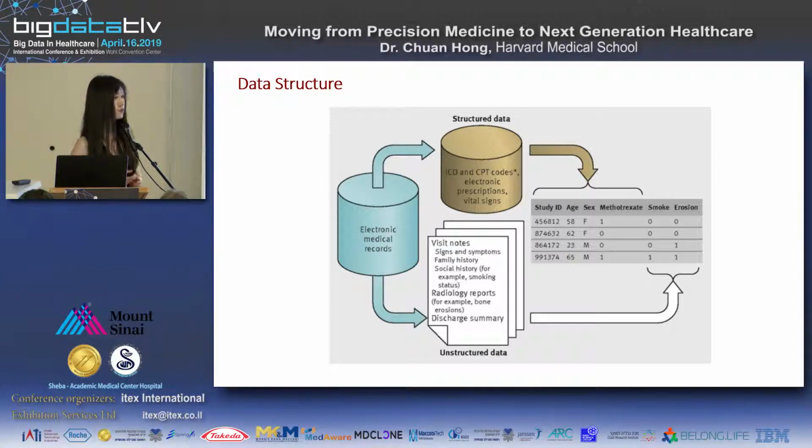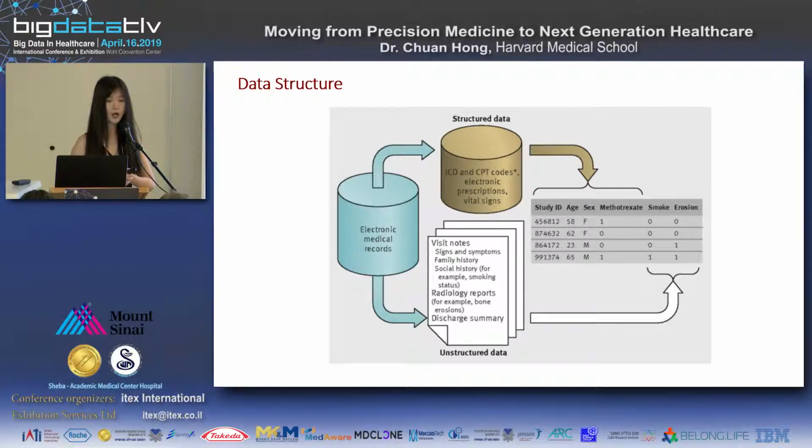For EMR phenotyping, there are two key elements. One is the patient's label annotated by doctors, and the other is features. Let me first briefly introduce what the features look like. They can roughly be stratified into two categories: structured data and unstructured data.